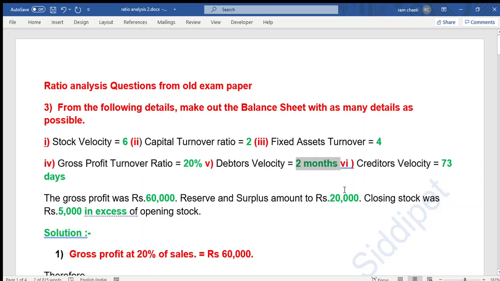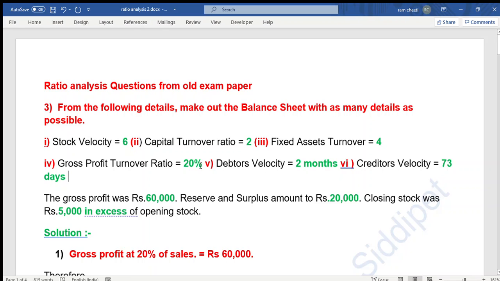In the same way, creditors velocity is 73 days, that is, we have paid our creditors in an average of 73 days during the year. Gross profit is also given as 60,000.